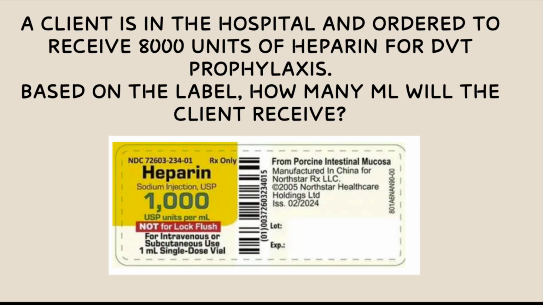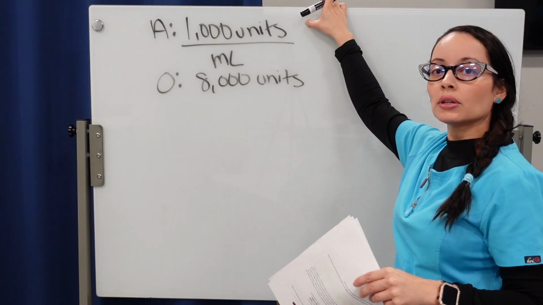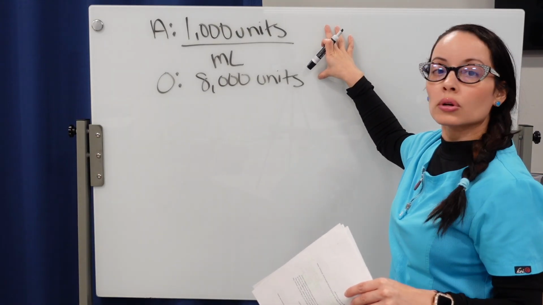The label says that there are 1,000 units per milliliter. What is the order? The order is 8,000. So available is 1,000 units, and the order is 8,000.